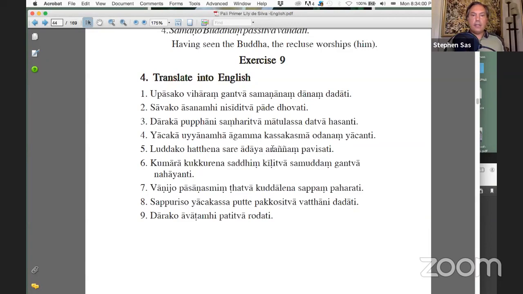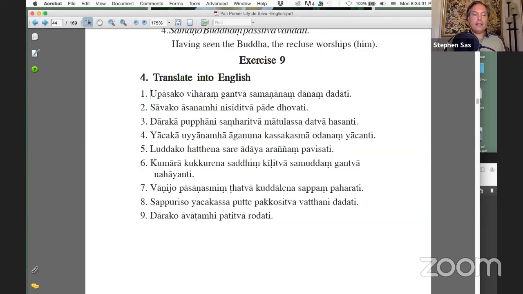Upasako viharam gantva samananam danam dadati. So here, the first thing I would do is scan and find my nominative, upasako, the lay follower or the lay disciple, and then I would stop at the absolutive, which I recognize as gantva. So having gone, this is the gachati one, this is the gam one, which we just spoke about.